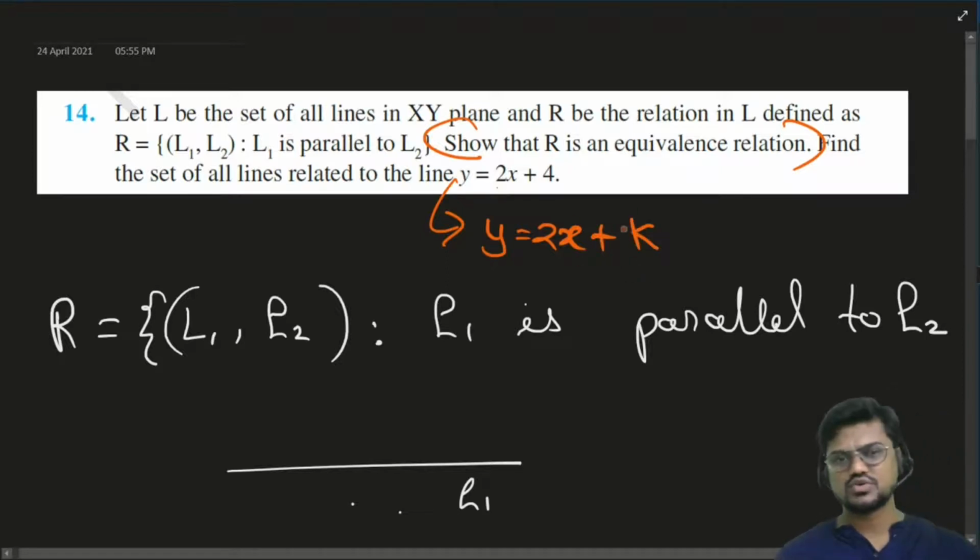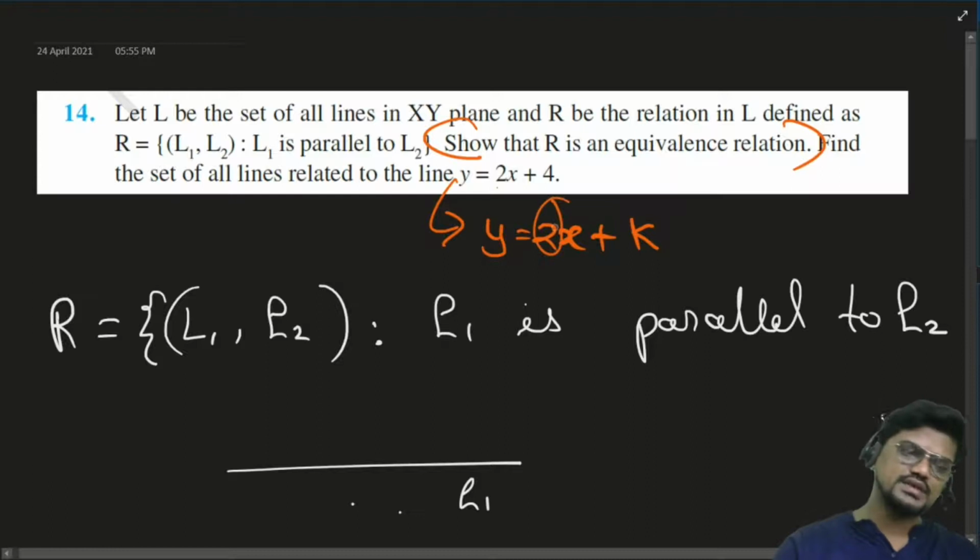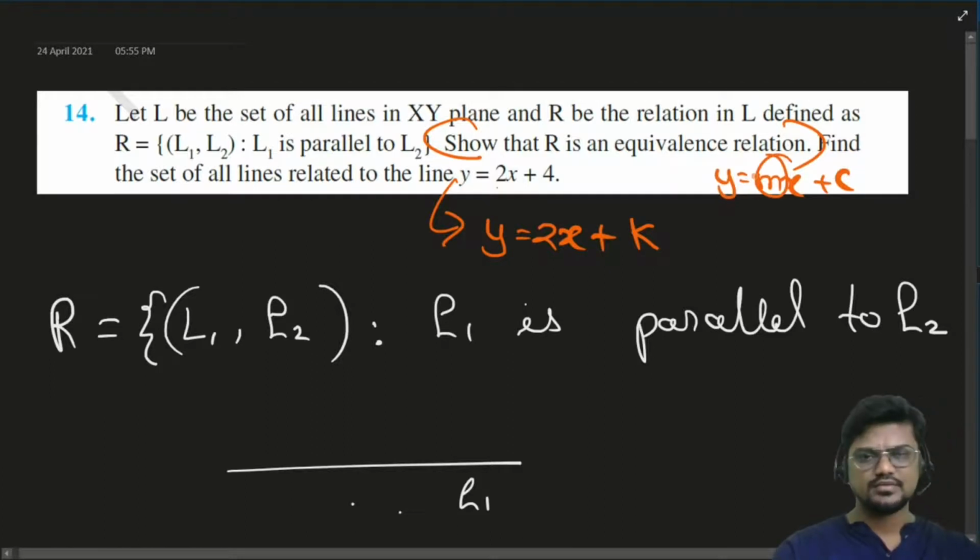If the slope is equal, y = mx + c, where m is the slope of the line. In this, 2 is the slope of the line, and that should not change. So y = 2x + c, or 2x + k. All such lines will be parallel to this given line, right?